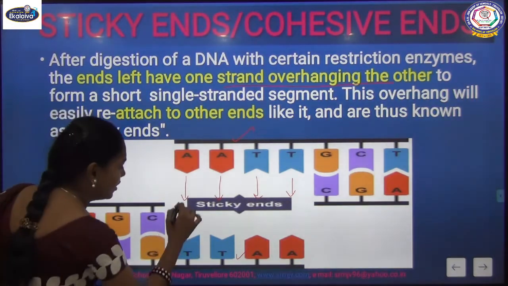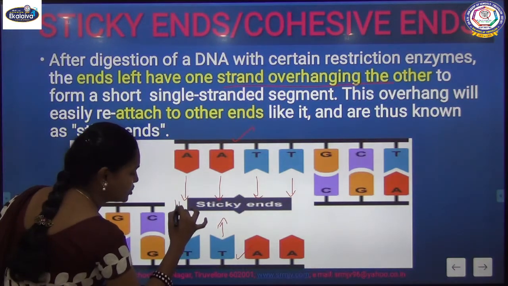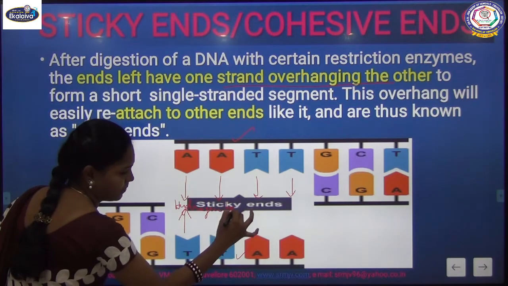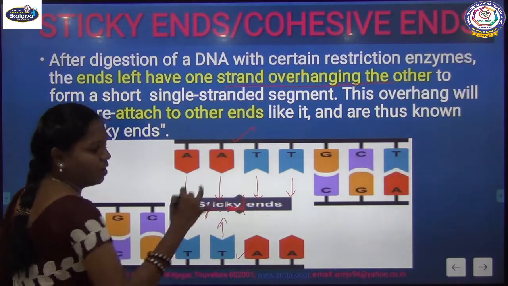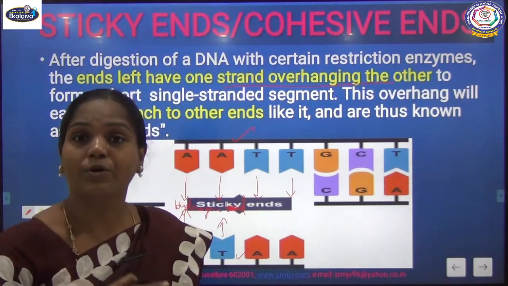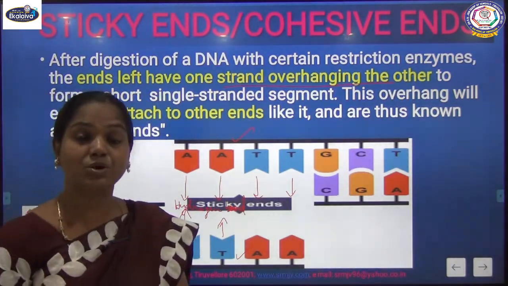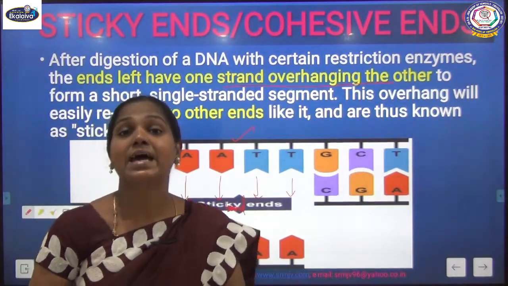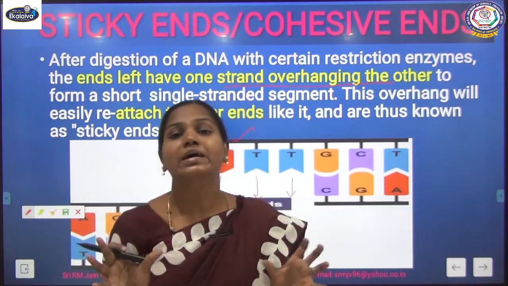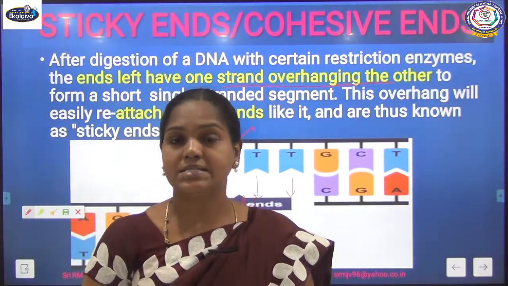So it is easy for them to make hydrogen bonds between these strands. Hydrogen bonds can very easily be made to stick these two strands together. So these sticky ends help in the pasting of these fragments of DNA. Because of that only these ends are called sticky ends.